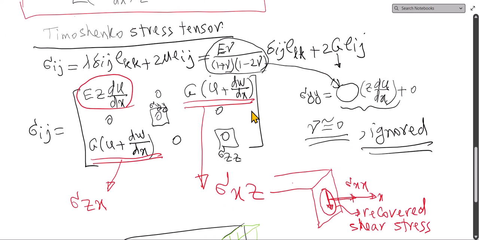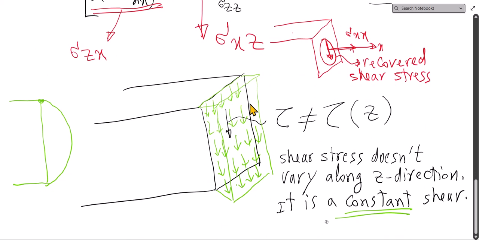So Timoshenko beam theory still benefits from the one-dimensional simplified version of beam calculation. It recovers the shear stress, but it recovers it in the wrong way, because it says that it will be a constant shear along the cross section, whereas we know that it cannot be constant at the top and bottom, and there should be some second order variation.